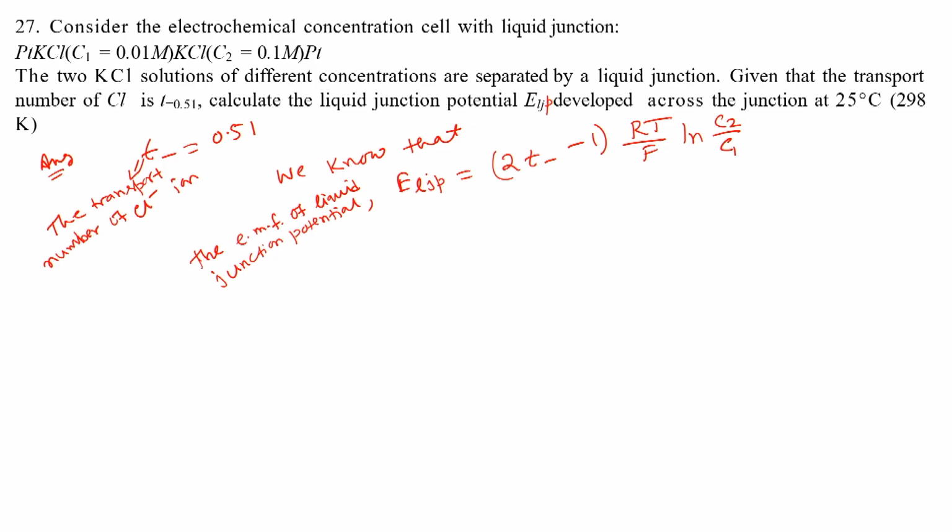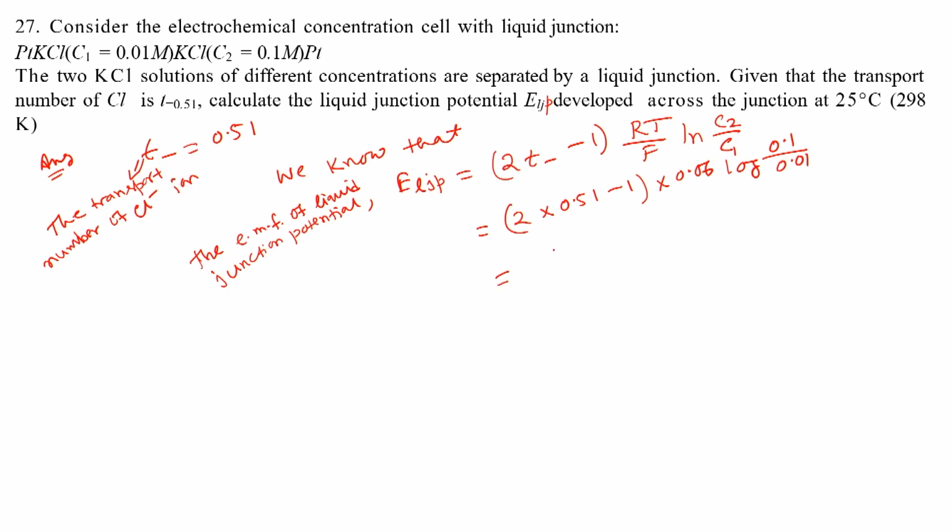Okay, so now we substitute all the values. So 2 times T minus, which is 0.51, minus 1, and RT by F, and then 2.303 if we multiply, we get 0.06 log concentration of C2 is 0.1 by 0.01.